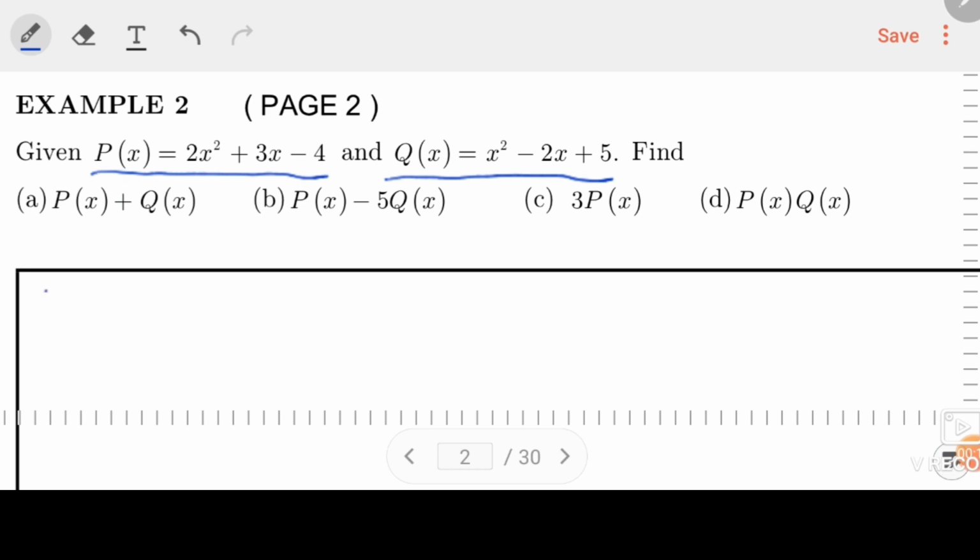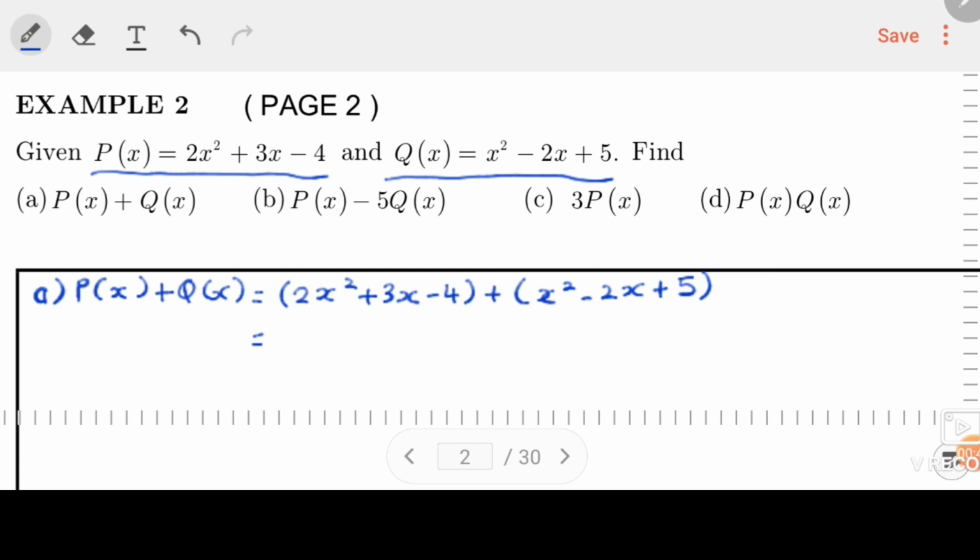So copy down the question first. P(x) plus Q(x). Then we have to substitute both P(x) and Q(x) into the expression. Substitute P(x), 2x squared plus 3x minus 4, plus Q(x), x squared minus 2x plus 5.